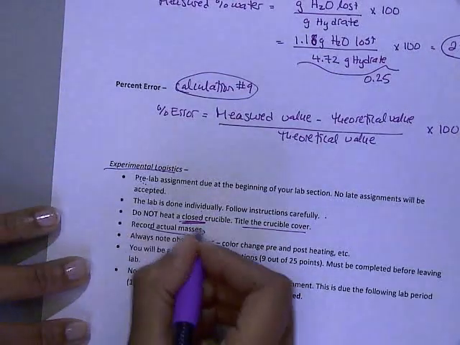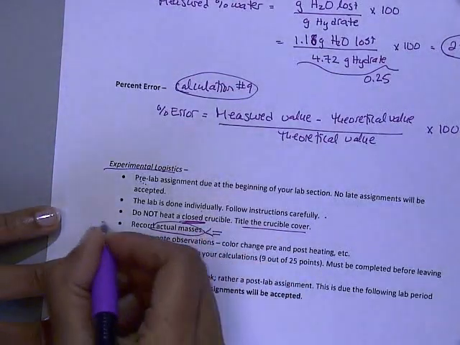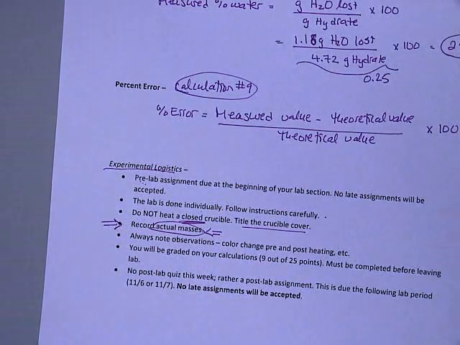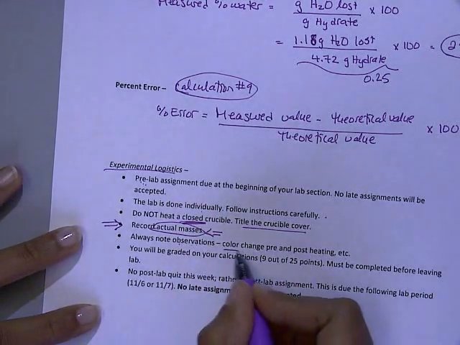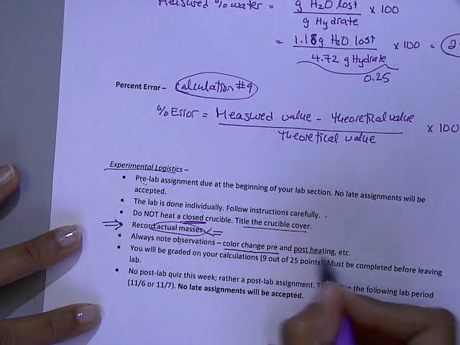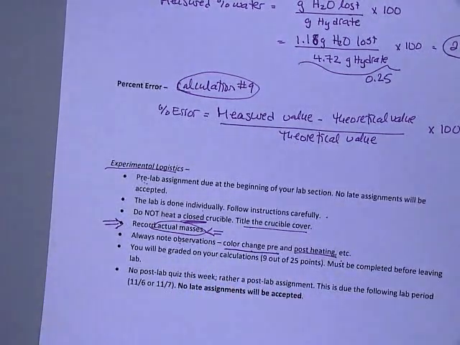Make sure you record your actual masses. I can't emphasize this enough. Your data will be completely inaccurate if you don't. So recording actual masses, whatever shows up on your balance is what you have to write down. Always note your observations. Make sure you indicate color change pre and post heating, etc. Don't just write same. You have to describe what it actually looks like.